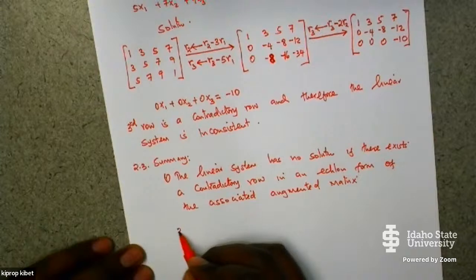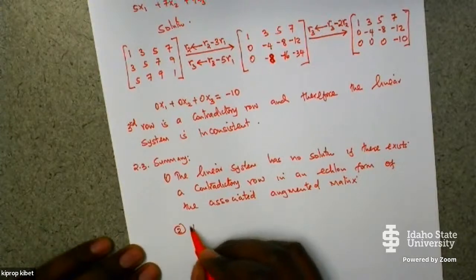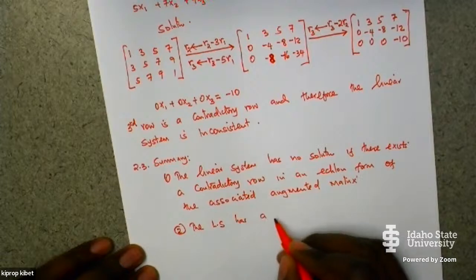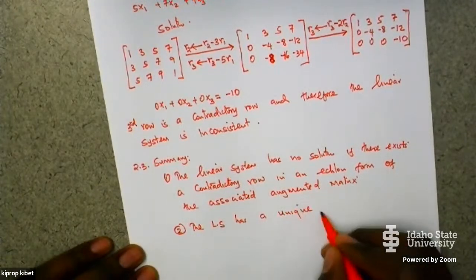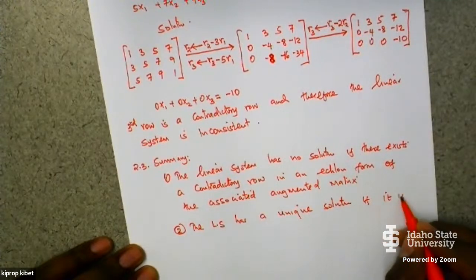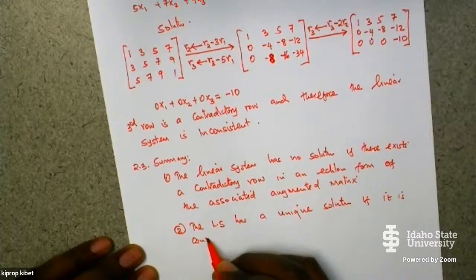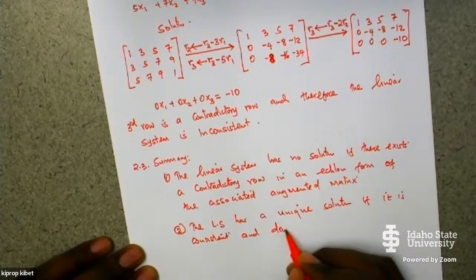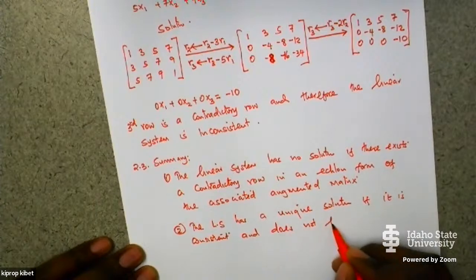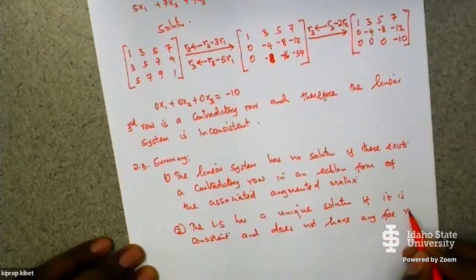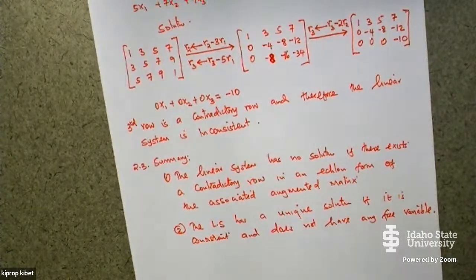Number two, the linear system has a unique solution if it is consistent and does not have any free variable. That is what we saw in example number 1.